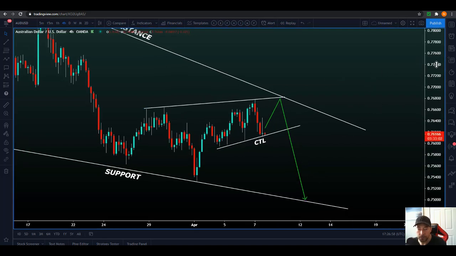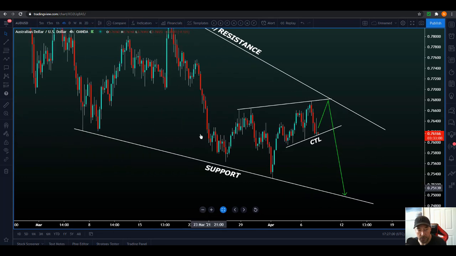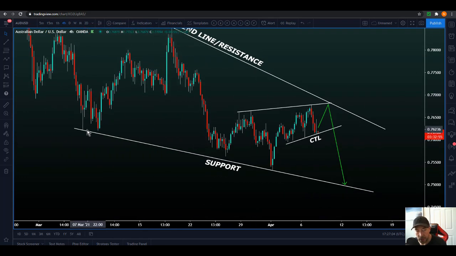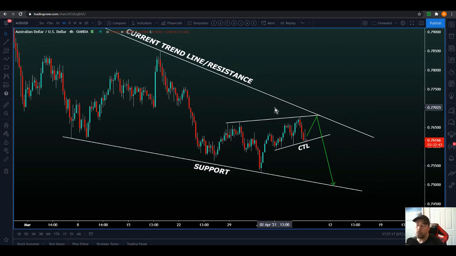We can trade it into support, which we've connected with these bottoms of these candles here and here, acting as support. Coming down around 7,500 would be a nice target. So that's something we are looking at, and we're watching to see how that plays out.